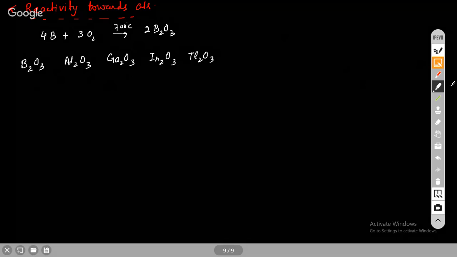Now this oxide, it is acidic. Acidic nature decreases actually down the group. These two are amphoteric, and these two are basic in nature.